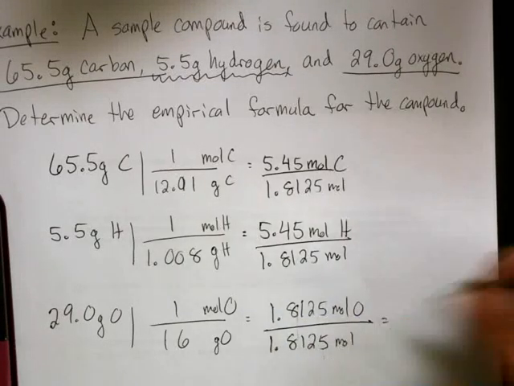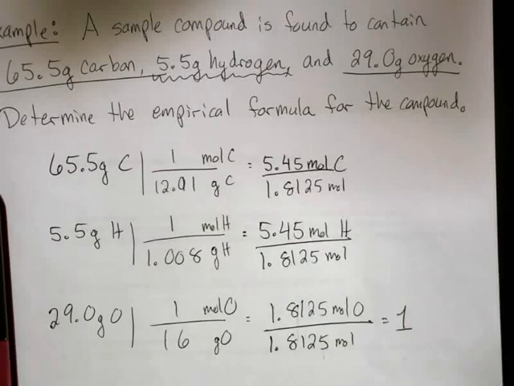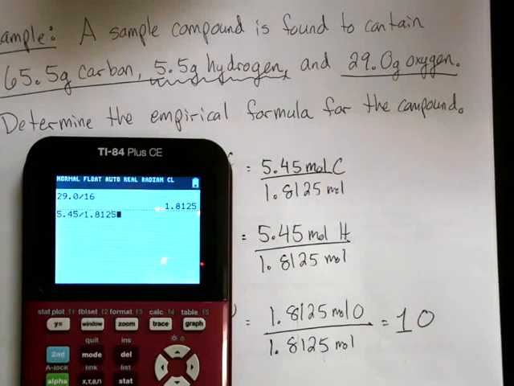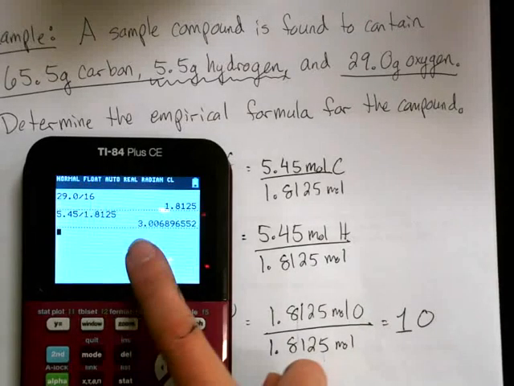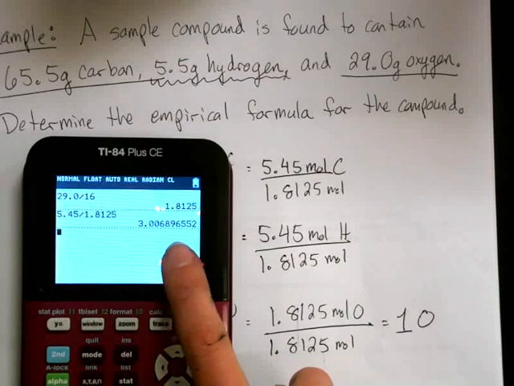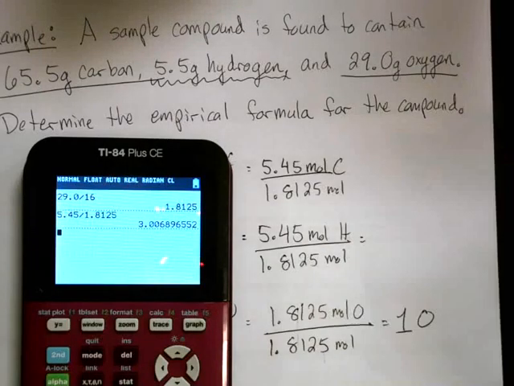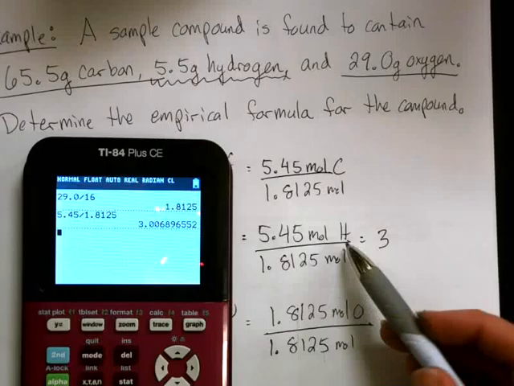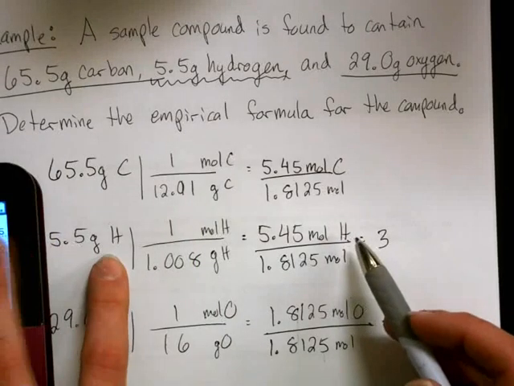Now, 1.8125 divided by 1.8125, I can do that in my head. That's just 1. I have 1 oxygen. Here, 5.45 divided by 1.8125 gives me 3.0068. Well, that's pretty close to a whole number. That says 3.